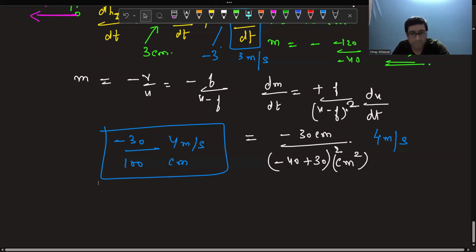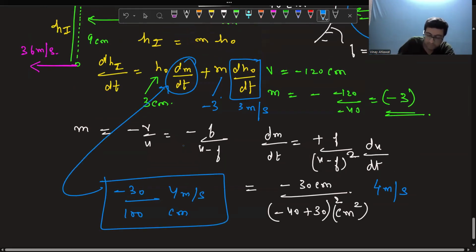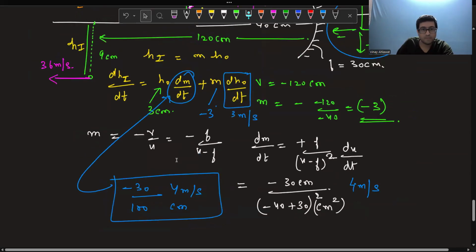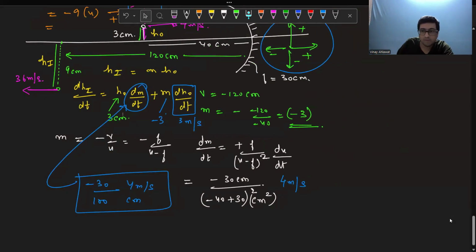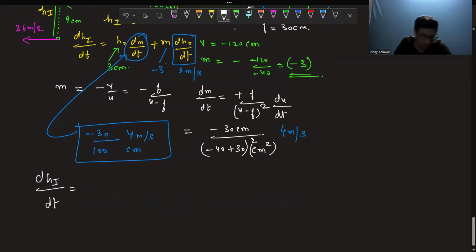So you take this value, plug in at this point. I'm doing the zoom out. Got it till now? Yes, dhi by dt. I'm looking at this expression.